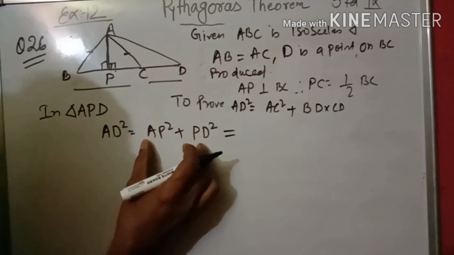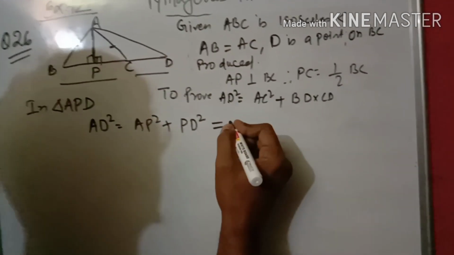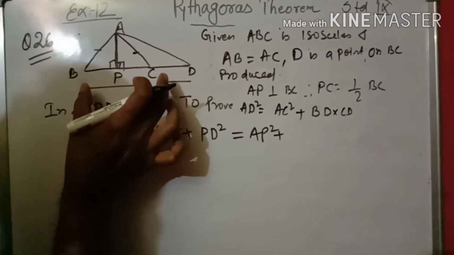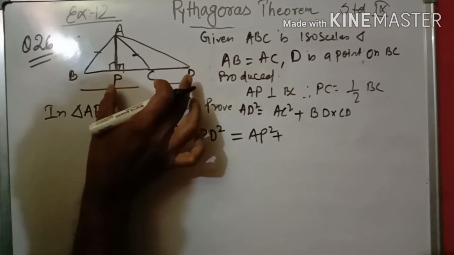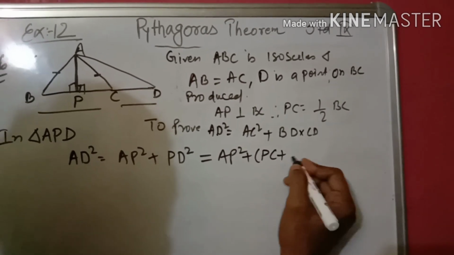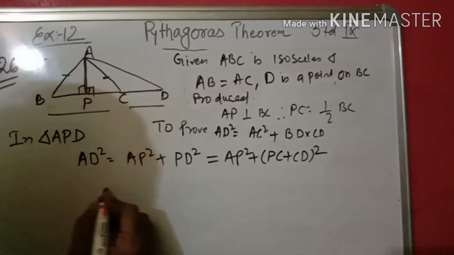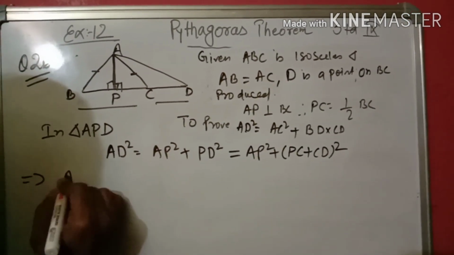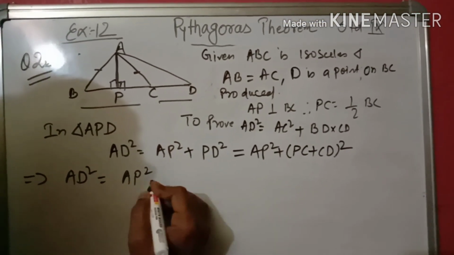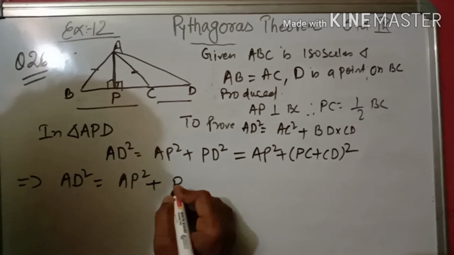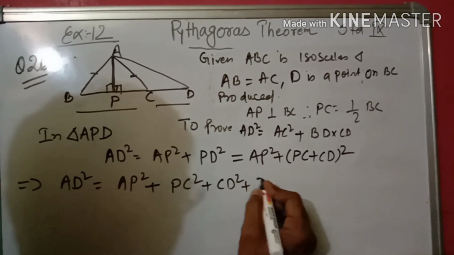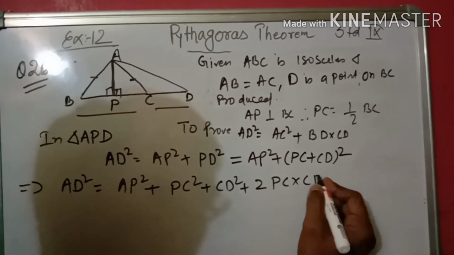Now I can write PD equal to PC plus CD whole square. Now this implies that AD square equal to AP square plus PC square plus CD square plus 2PC into CD.